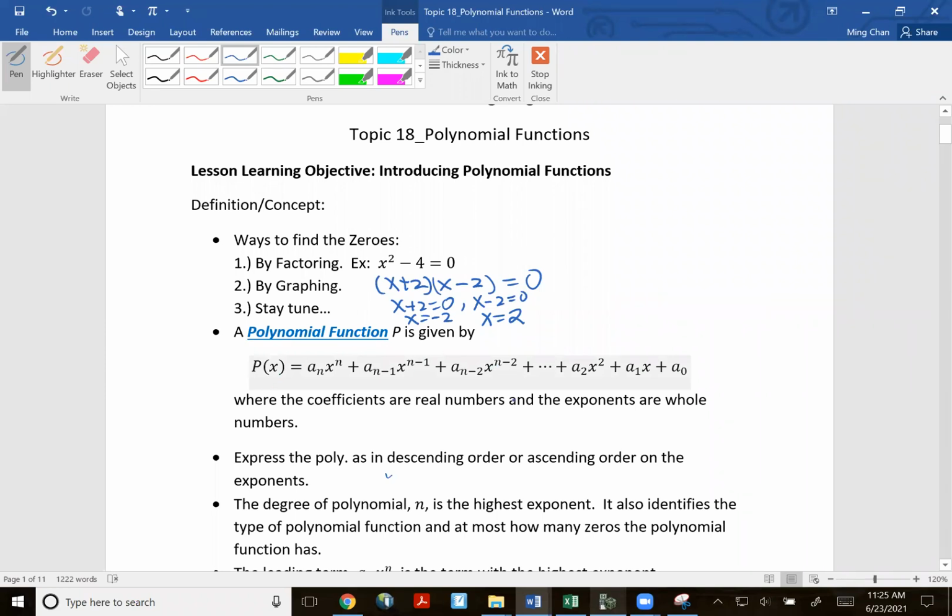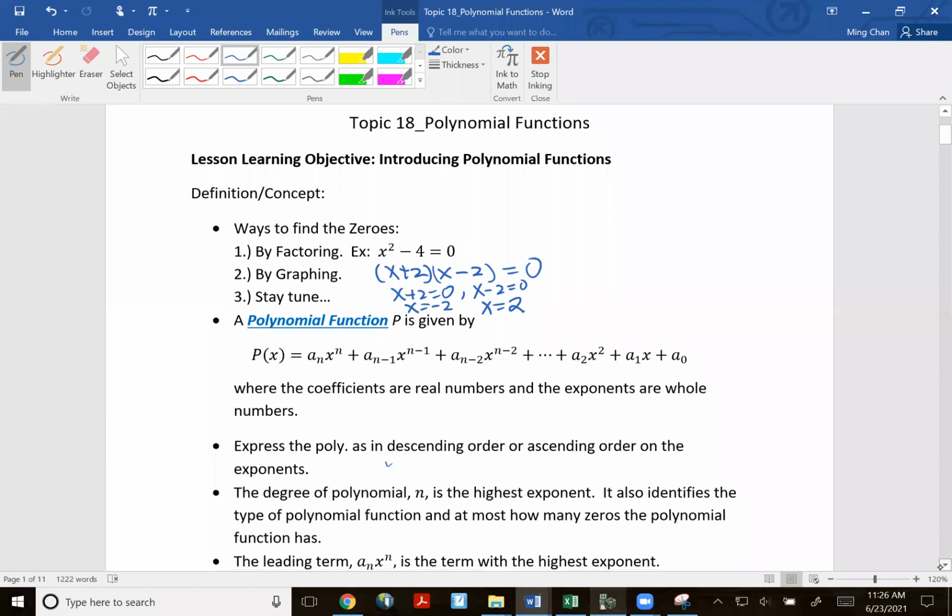Most of us know what a polynomial function looks like, okay? But I wrote this out so I can show you a couple of things. Number one, a polynomial function is always expressed in descending or ascending order of the exponents. Either you go from the highest exponent going down, or from the lowest exponent going upward.